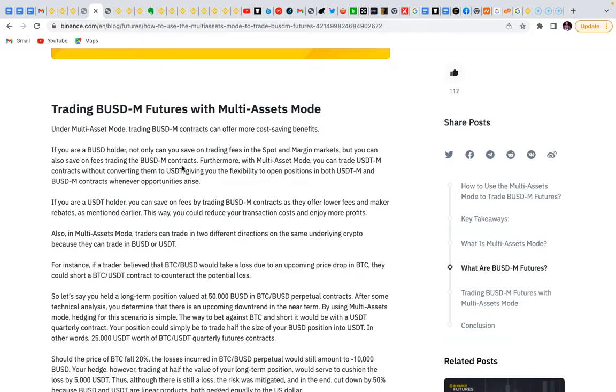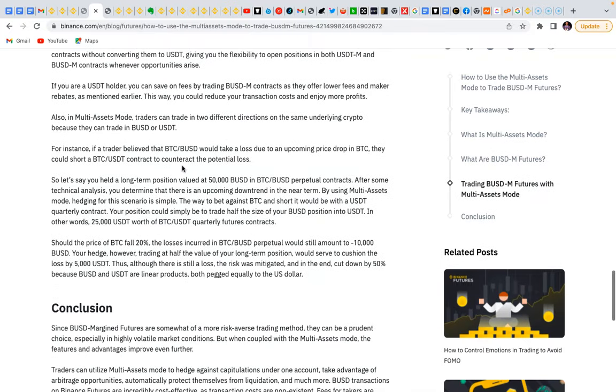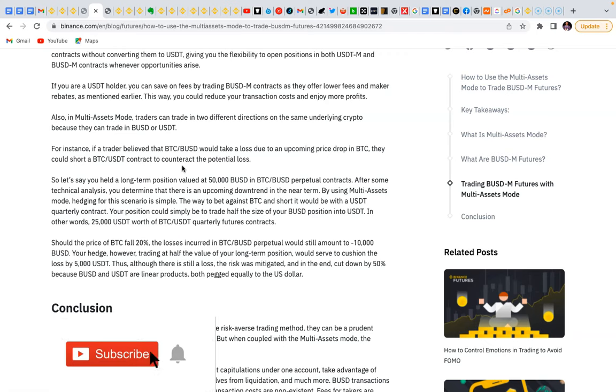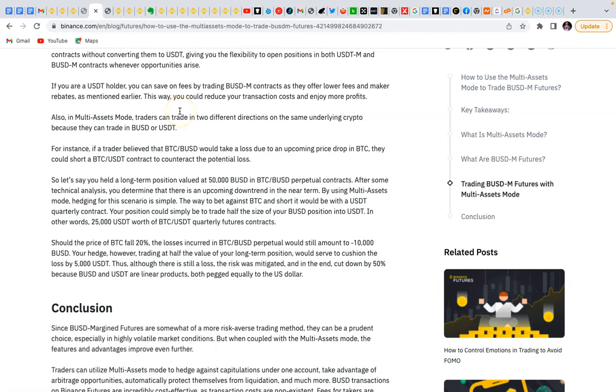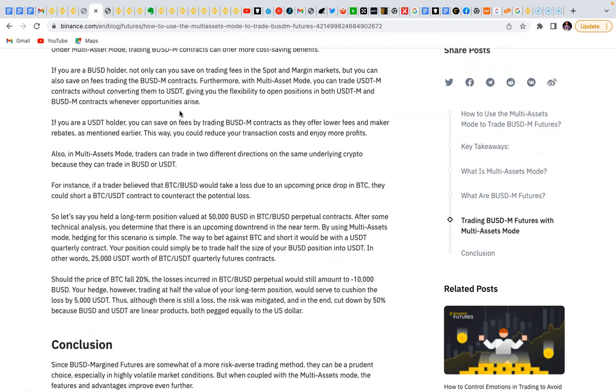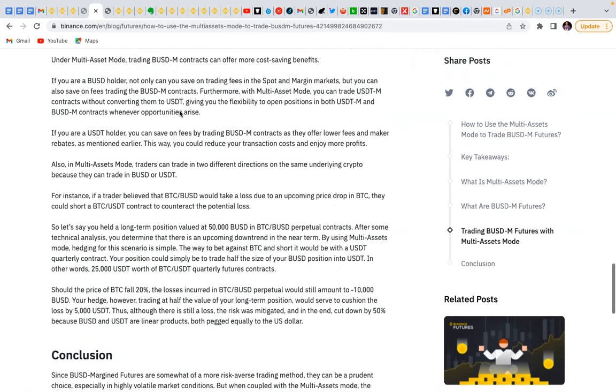Like I said earlier, one of the interesting things about this feature is that it gives you that advantage over the single asset mode, in a way that you can hedge your funds to avoid incurring bigger losses.